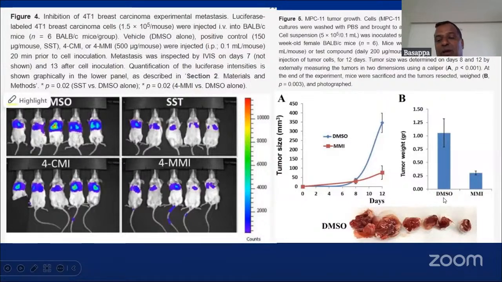When compared to the vehicle, our compound MMI could decrease the tumor weight, and the tumor burden was statistically reduced in the xenograft mice. This work was published in MDPI Cancers, which I didn't mention over here.